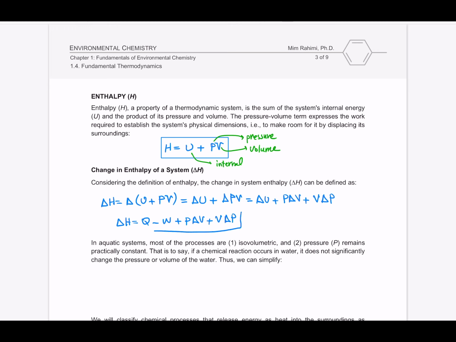So this is the general expression of the enthalpy term. Probably you've seen enthalpy to be simply a heat expression. So it's associated with the heat to the system or released from the system. As you see, that's more specific, but this one is the general expression of the enthalpy.